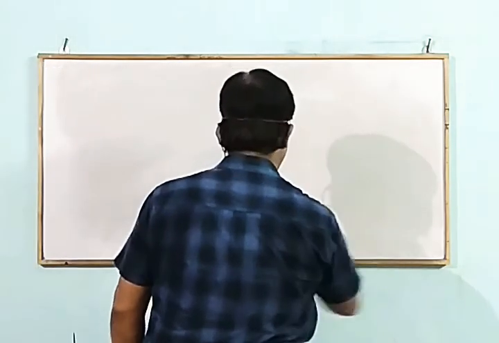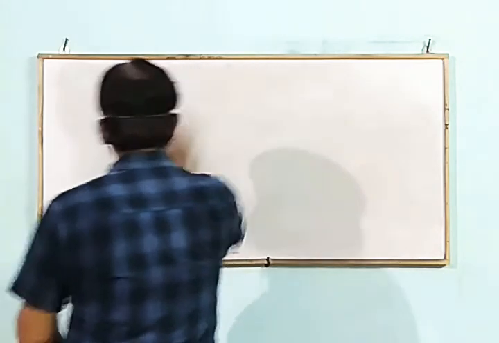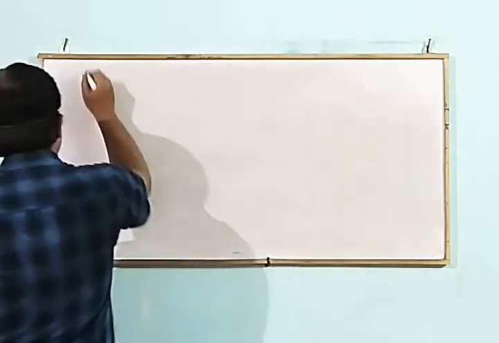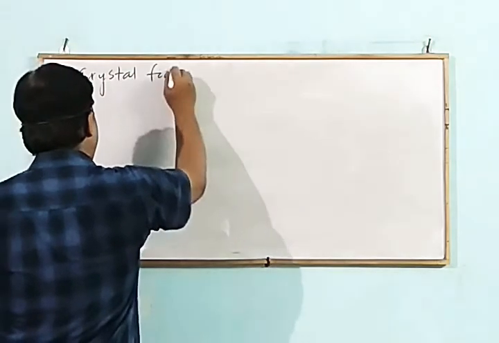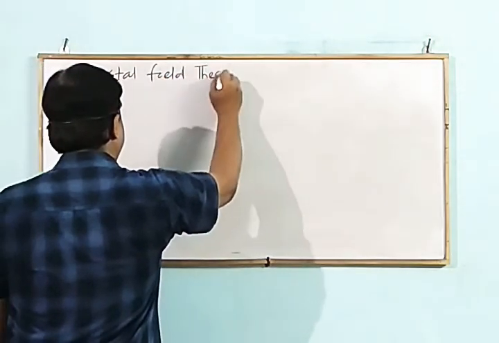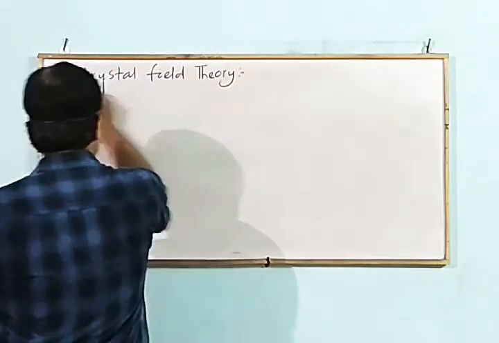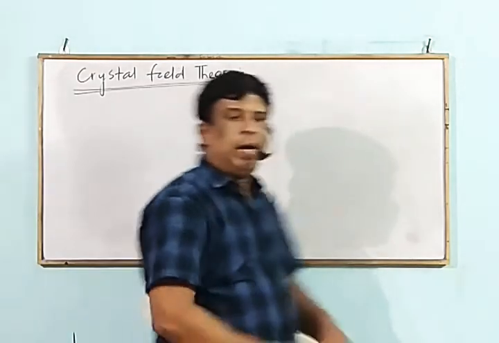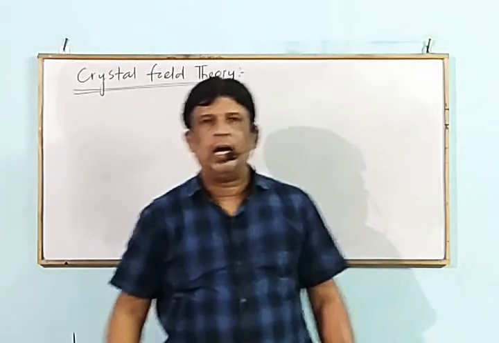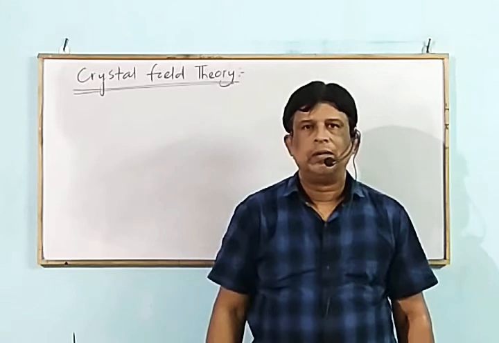The last theory of this chapter is crystal field theory. The main postulates of this theory are discussed one by one.